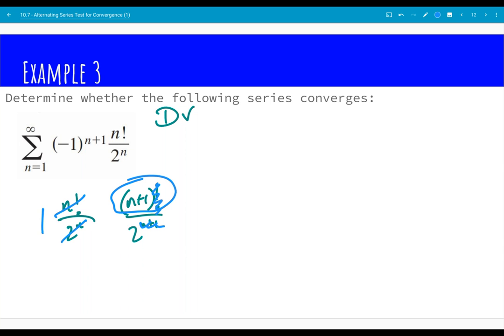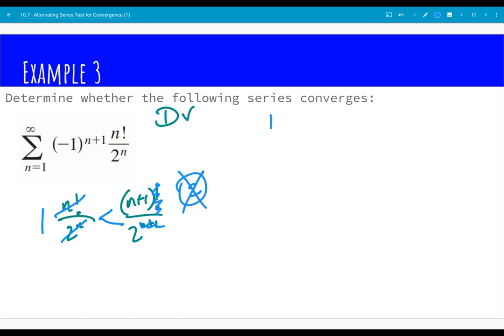So as soon as n is bigger than 1, then we're going to get a value here that's bigger than 1, and so this is going to be less than. This is an increasing function, so each term is bigger than the term before it as soon as n gets past 1. So that means that the second condition is not met, and the alternating series test is actually inconclusive.